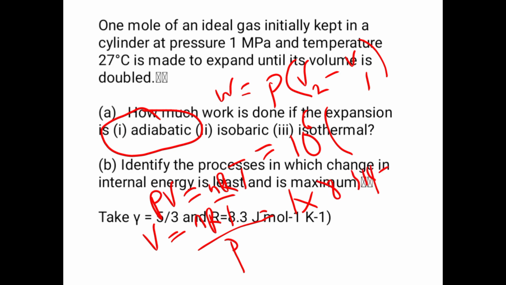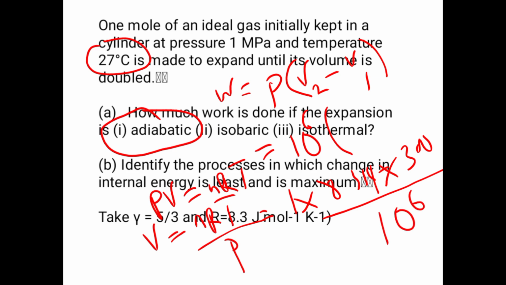The temperature is 300 Kelvin, because it is 27 degrees Celsius. And divided by the constant pressure, 1 megapascal, that's 10 raised to power 6.